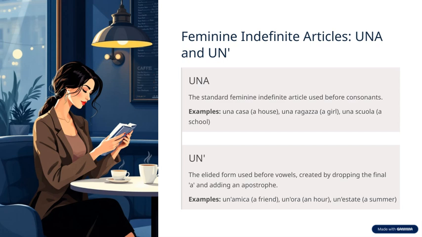This is called the elided form, and it's created by dropping the final a from the article and adding the apostrophe. For example, un'amica means a friend, un'ora is an hour, and un'estate refers to a summer. Understanding when to use una versus un' is key to speaking correctly and smoothly. It also connects to the overall theme of mastering Italian articles and pronunciation, helping us sound more natural and fluent.